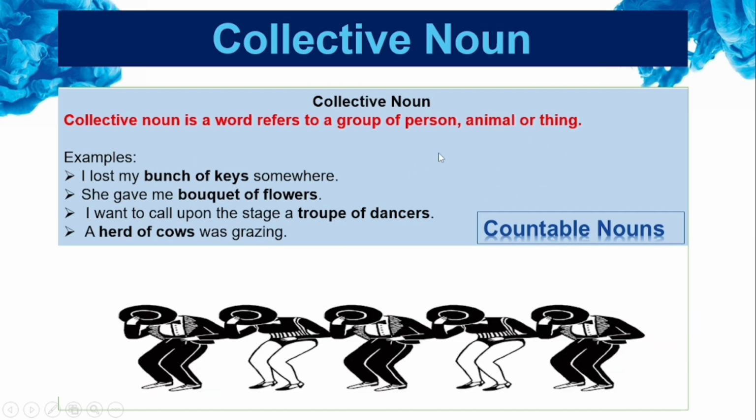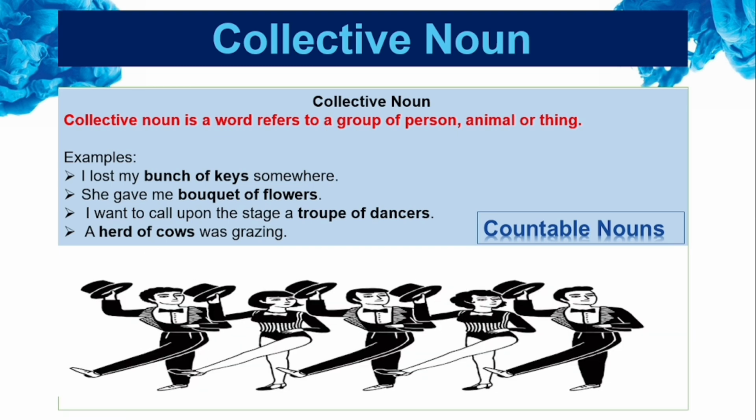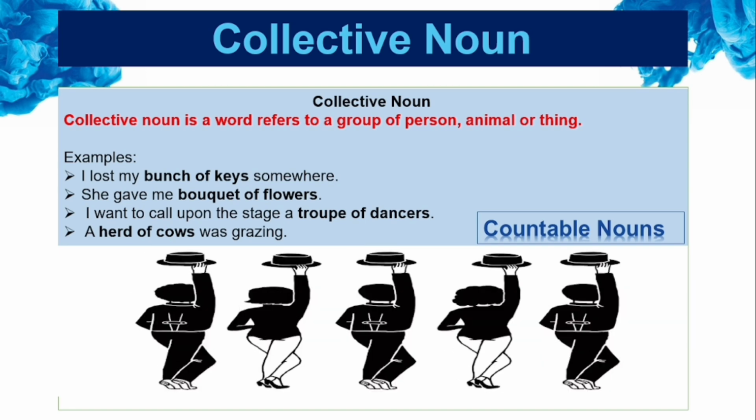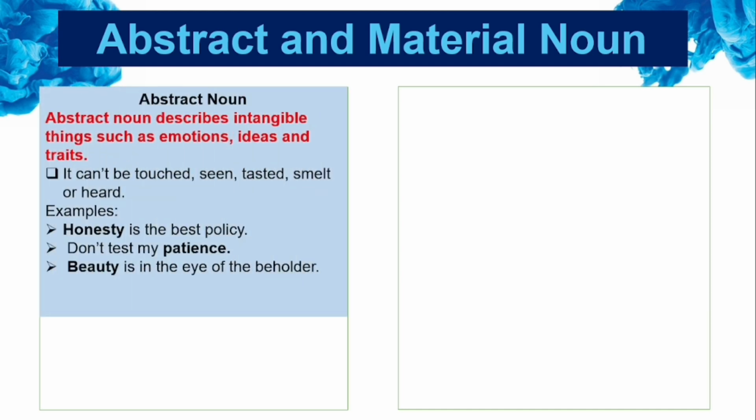If I put one more troop of dancers here, I can say that there are two troops of dancers on my screen who are dancing majestically for you. Let's move ahead, and the next is abstract and material noun, and we will see the comparison. As I told you कि जब हम चीज़ों का comparison करते हैं, then we understand it better.